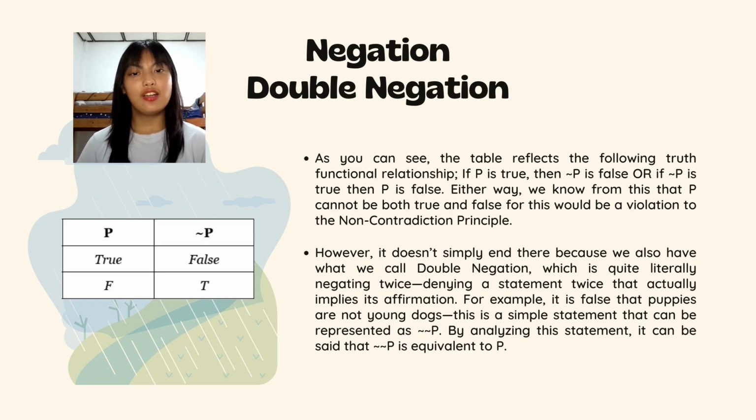Yes, as hard as it may seem to believe. If a statement is negated 3 times, it only denies it. If it's negated 4 times, it only affirms it twice, much like in double negation, just twice again.